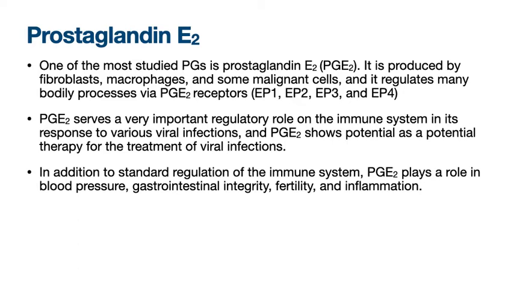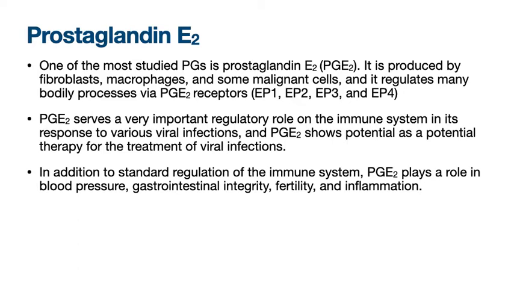So prostaglandin E2 serves a very important regulatory role on the immune system in response to various viral infections. And so therefore it shows a lot of potential as a therapy for the treatment of viral infections.